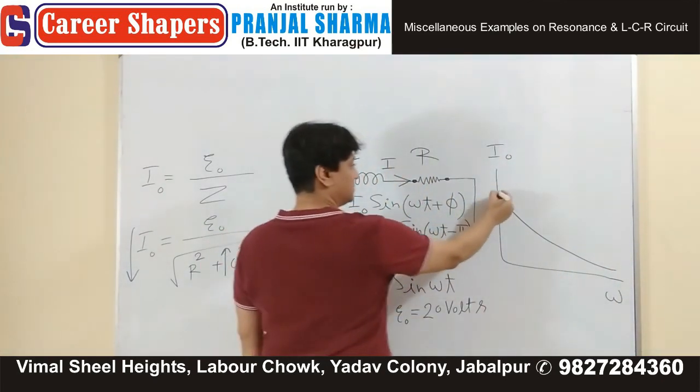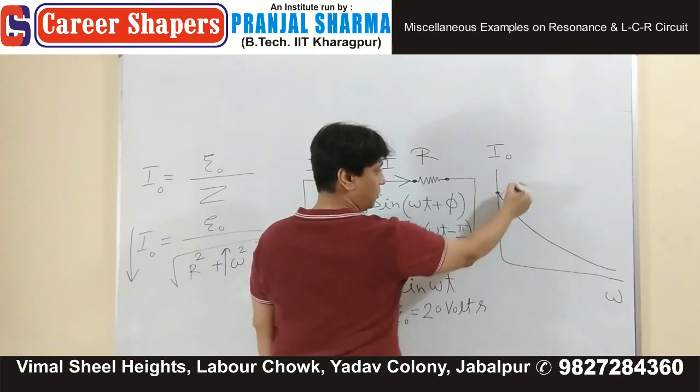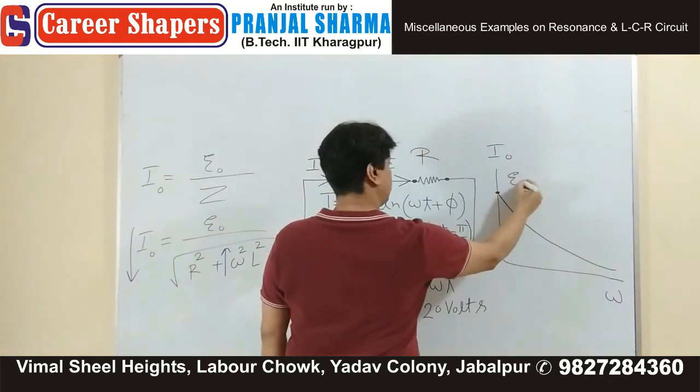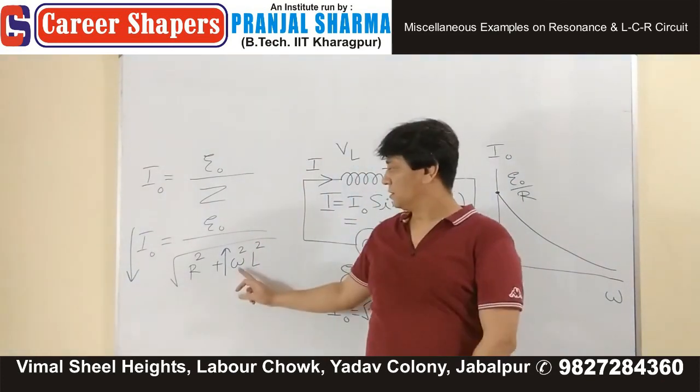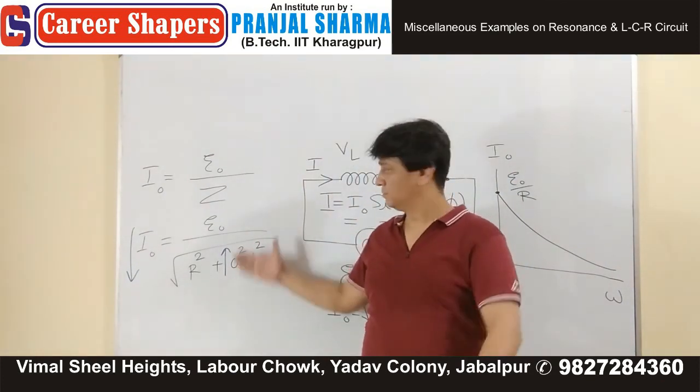This place is omega 0, which is E naught divided by R. Omega is 0, gone.